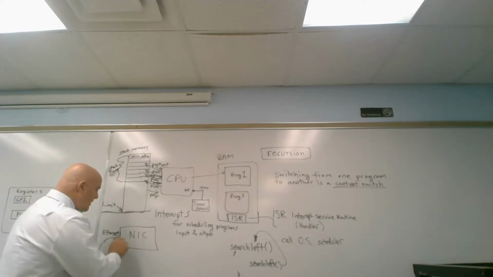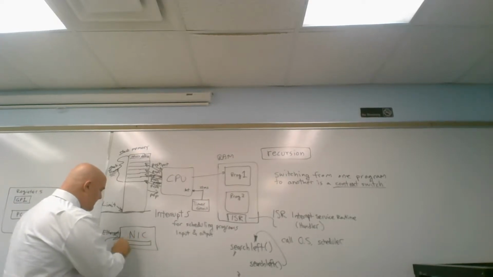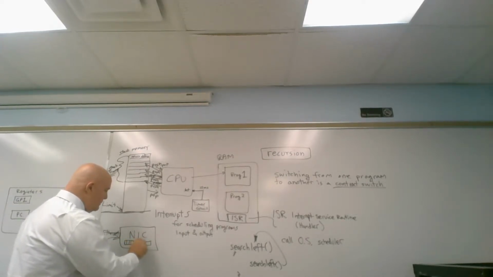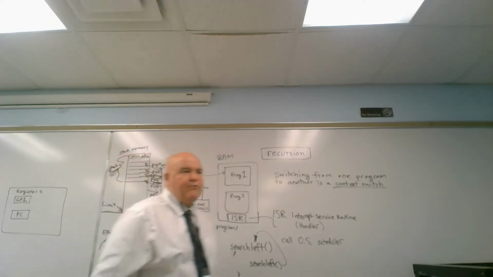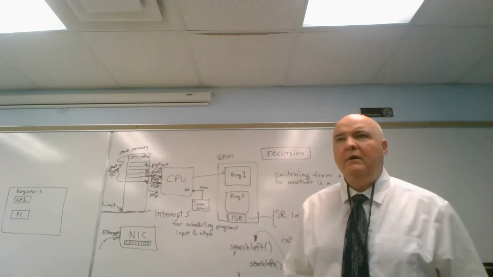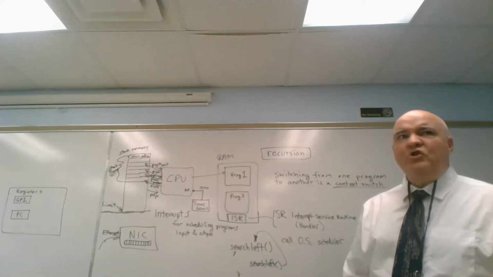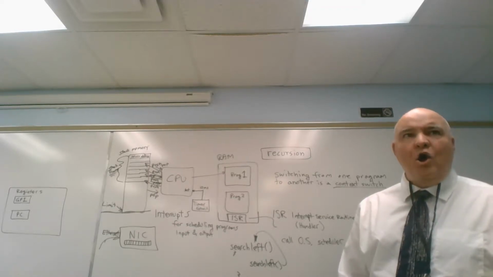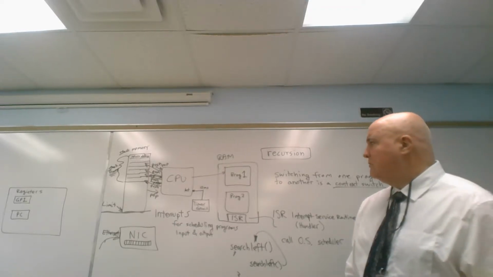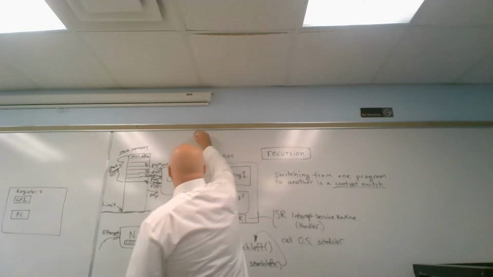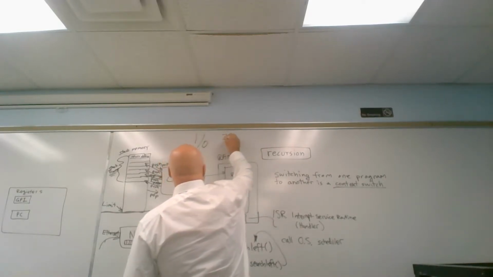Every once in a while, an Ethernet frame comes in. How do we process that frame? So we're going to see that there's two approaches to I/O, input and output. Two approaches.